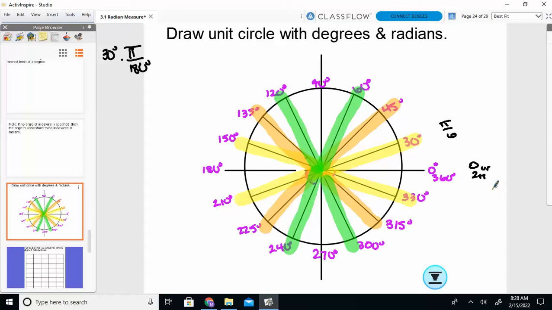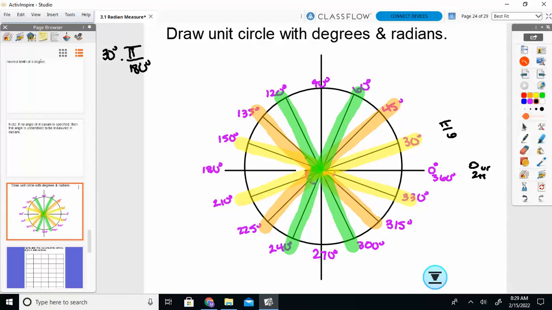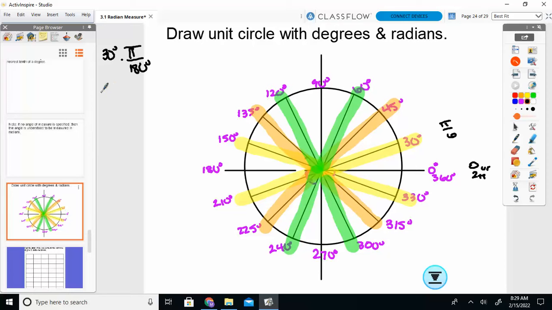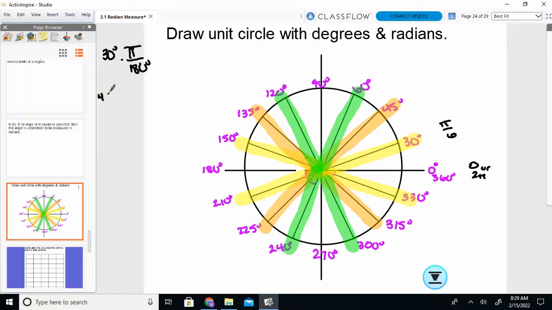So you could call this 0 or 2 pi, all the way around the circle. So for my 45, if you do 45 times pi over 180, so 45 over 180 as a fraction gives us 1/4. So this would be pi over 4.